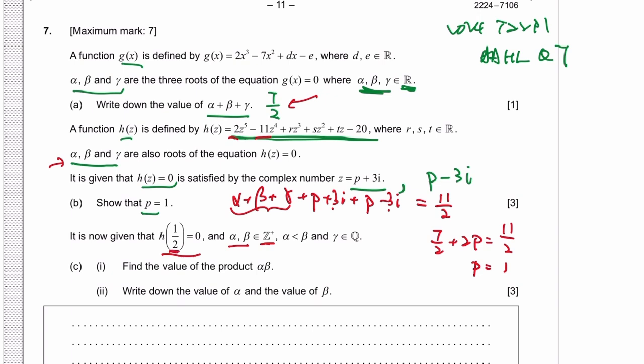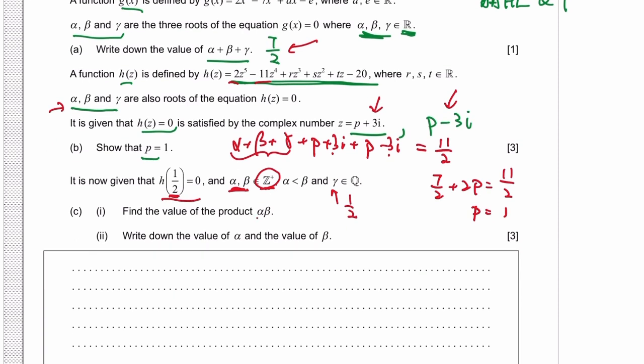We already know h has 2 complex roots, and alpha and beta are integers. So that must mean gamma is half, right? There's no other choice. Gamma is the only one that is a real number, but it's a fraction, so gamma is half.